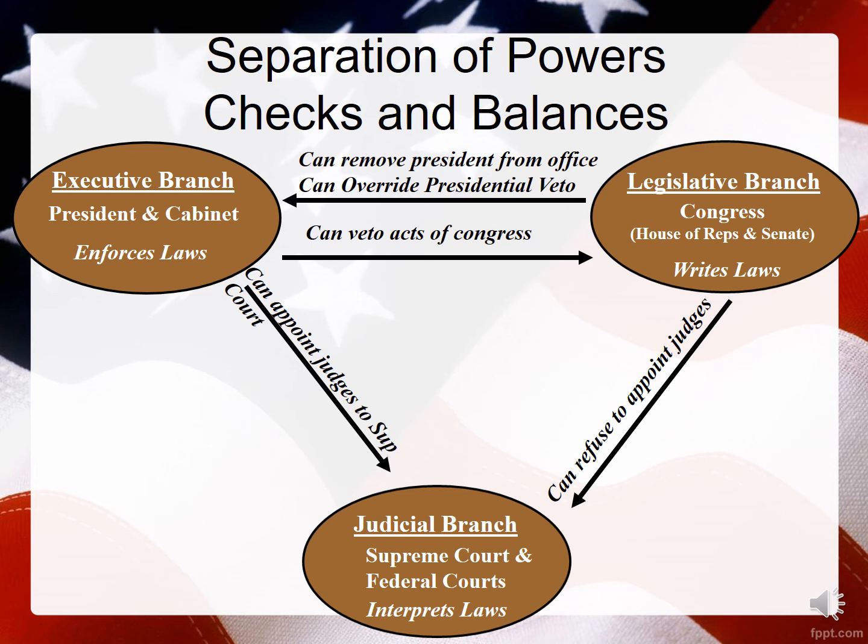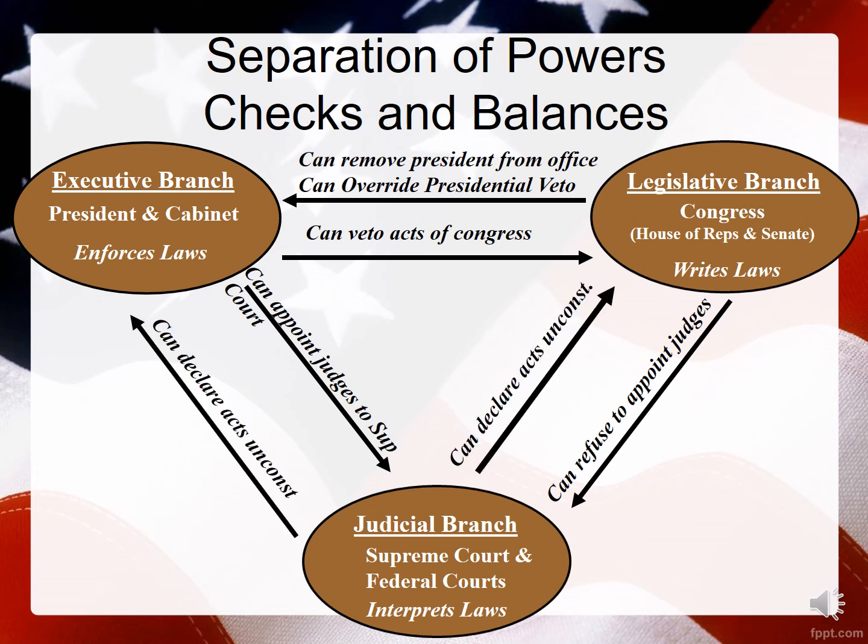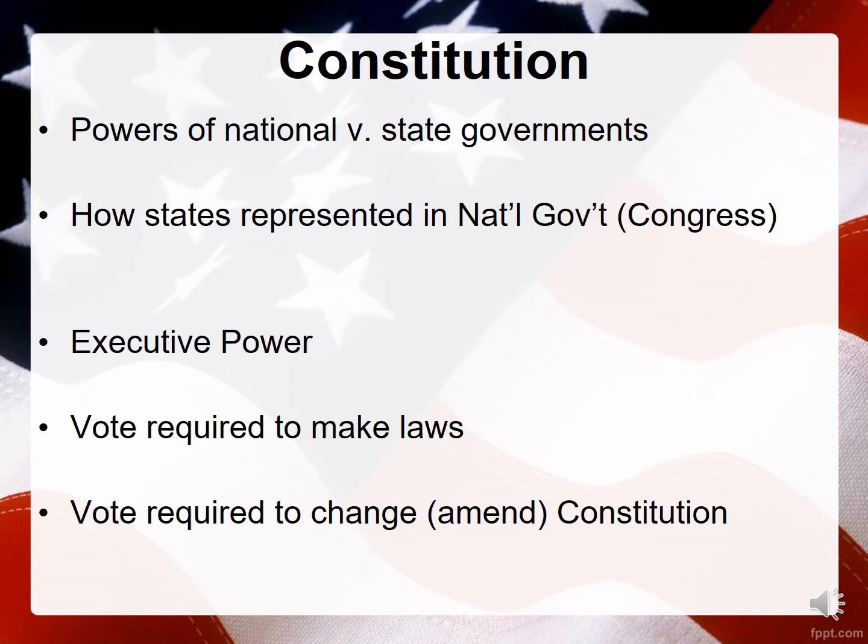So that's how that plays out. Now, the judicial branch's power over the legislative and the executive branch is the fact that it can declare acts or laws unconstitutional. That's when the Supreme Court will sit down and look at how some of these laws are put into place, as well as the laws that are being drafted, and they can determine whether or not those are constitutional.